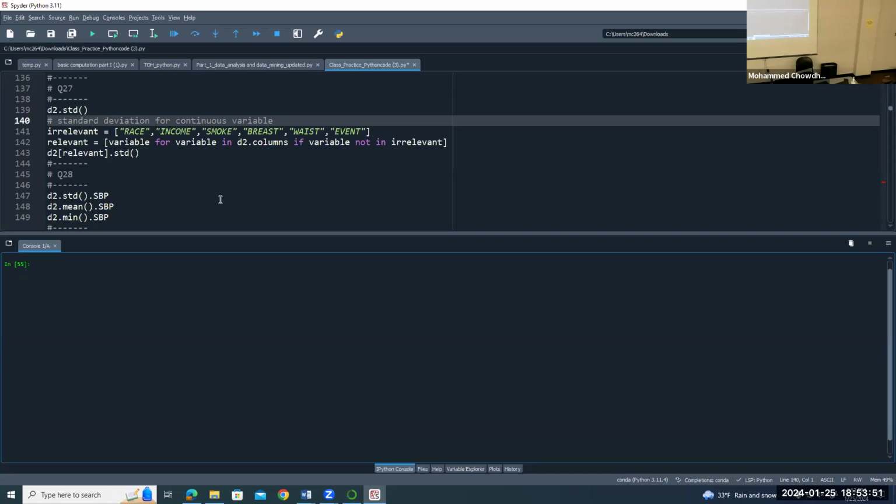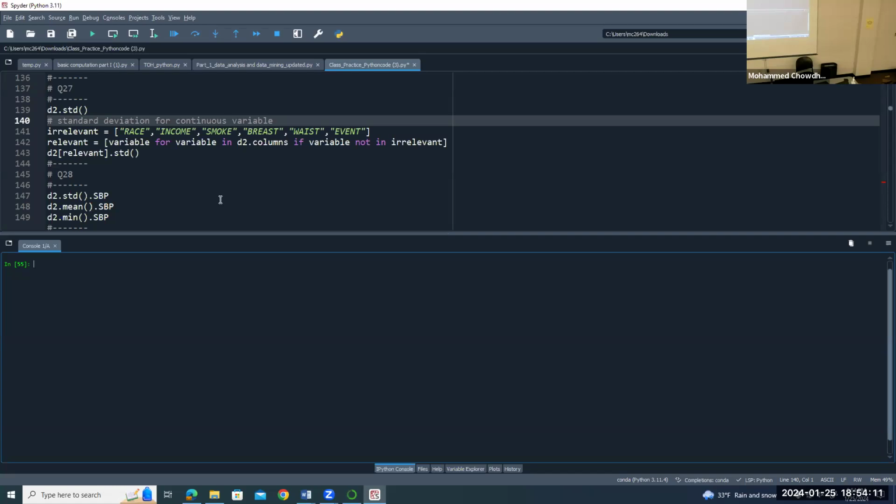Variable for variable in D2.columns, if variable not in the irrelevant. When I first saw and wrote this, I was laughing. This is just pure English, right?